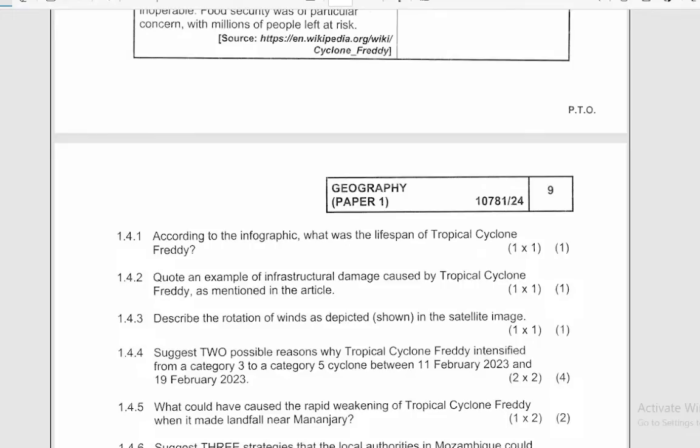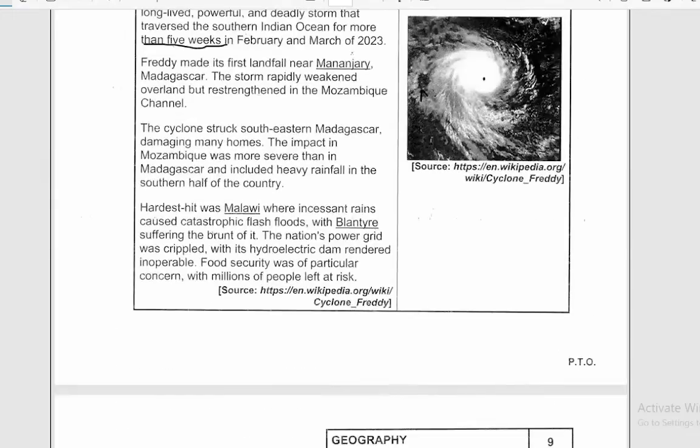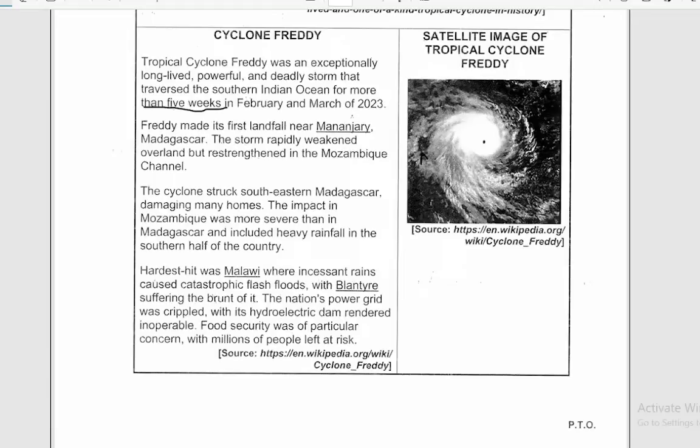So we are worried about where there is only an indication of infrastructural effect. So if you check here, you can see that it says the nation's power grid was crippled. Its infrastructure, the power grid, we are looking at supply of power, electricity. It was crippled, it was damaged by the cyclone. It's one.